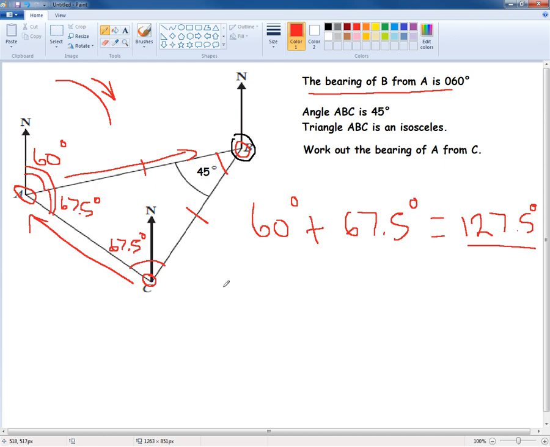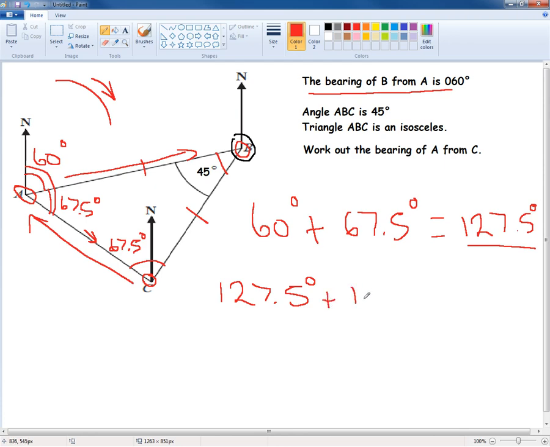The simple way to do that is to take our 127.5 degrees, which is coming down this way, and then do a 180 degree turn, go right back the way we came.